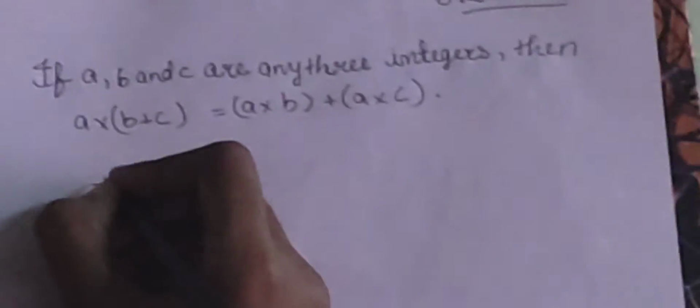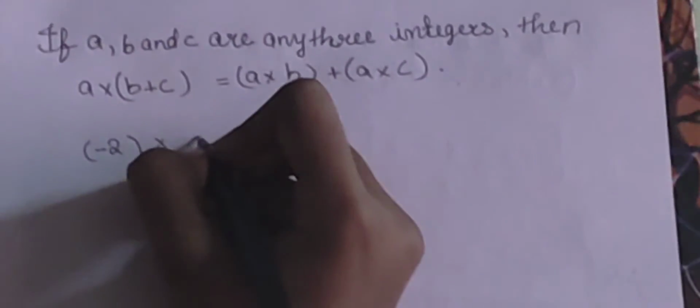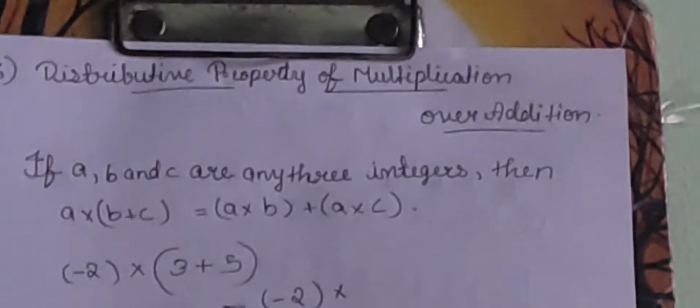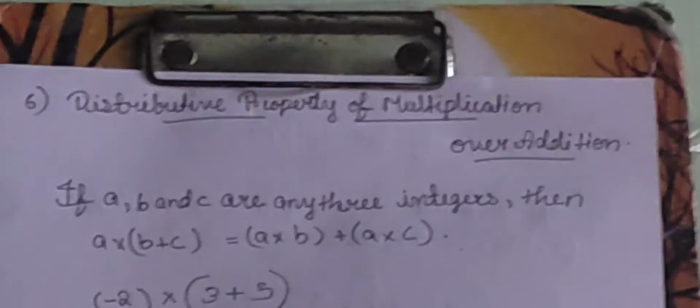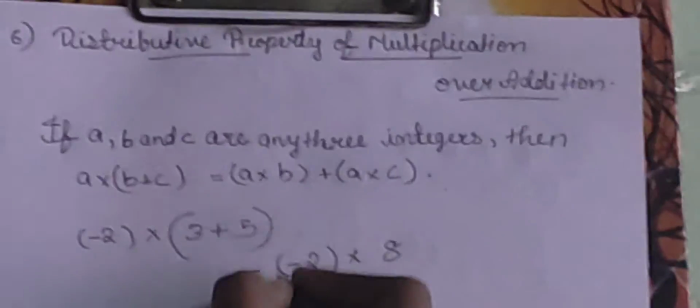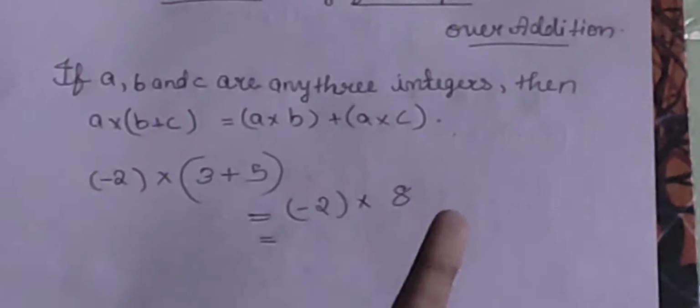For example, negative 2 into 3 plus 5 is equal to negative 2 into 8. Positive 8 is equal to 2 into 8, 16.